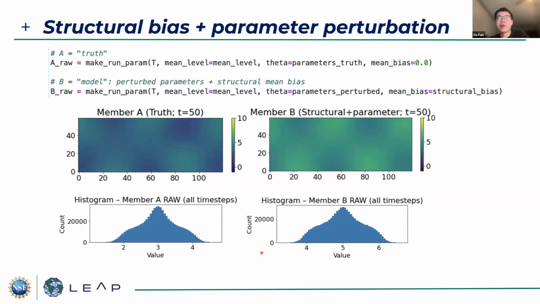And then in the third experiment, we added both structural bias and parameter perturbation to member B. You can see in the histogram of the output for member A and member B, they show different mean values and different shape.